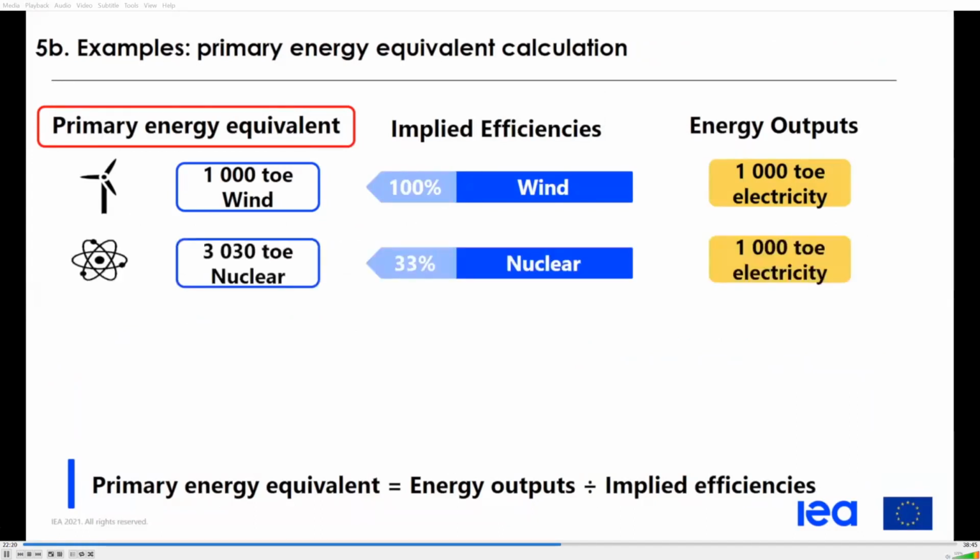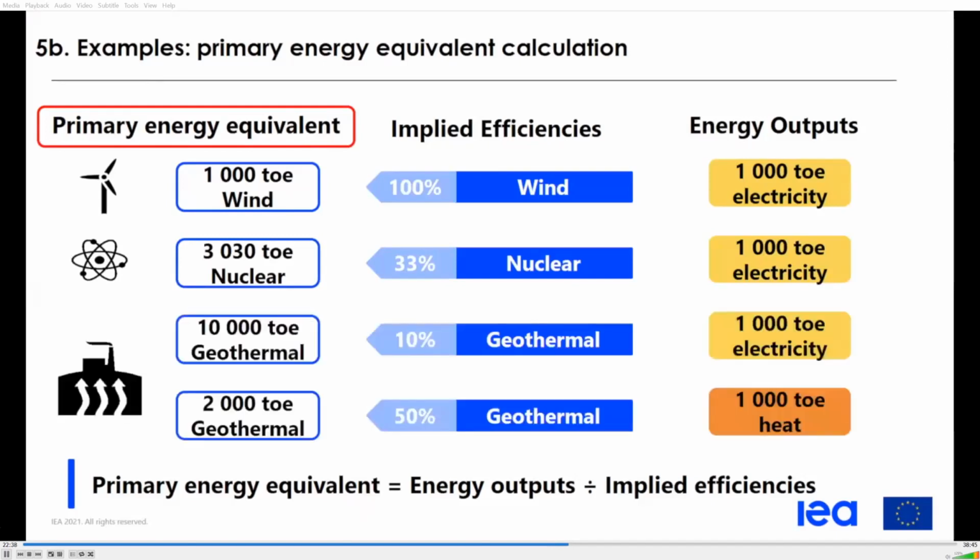In the case of nuclear, as the implied efficiency is 33%, for 1000 TOE of electricity produced from nuclear, the primary energy equivalent is around 3000 TOE of nuclear.